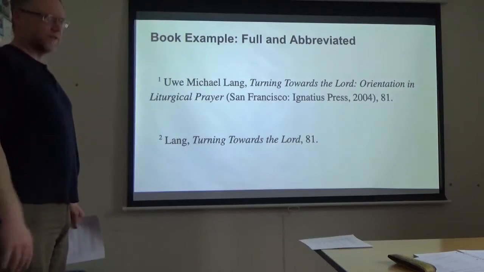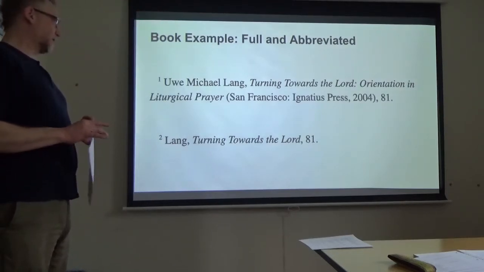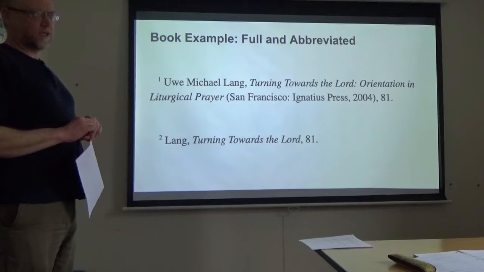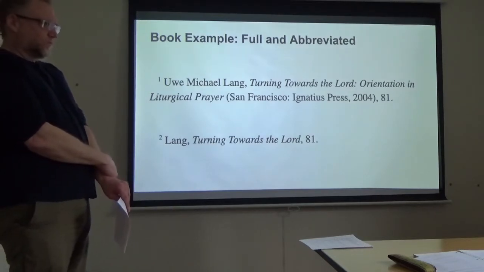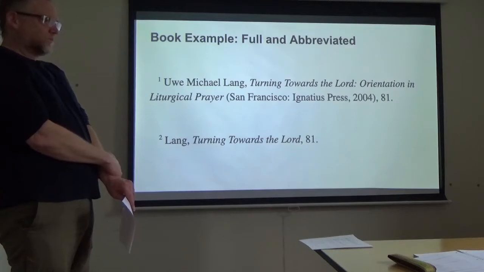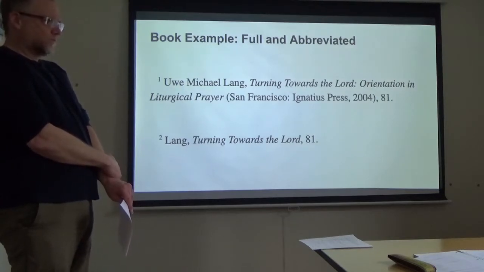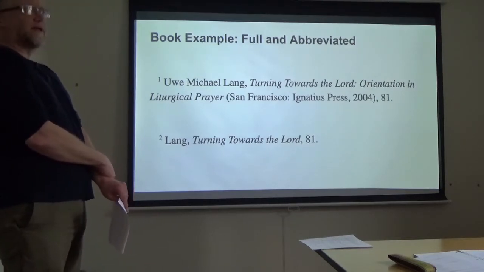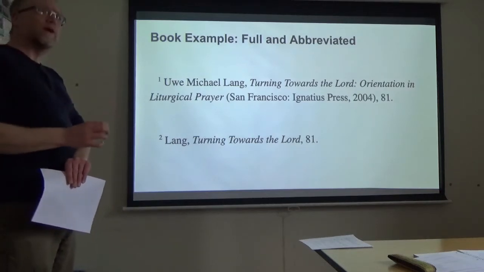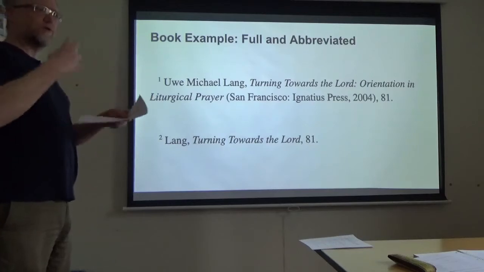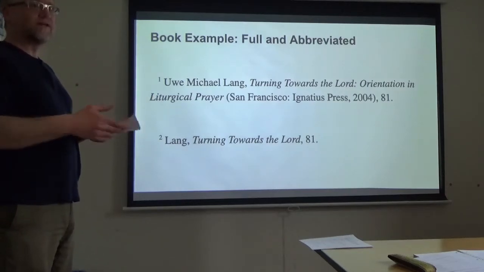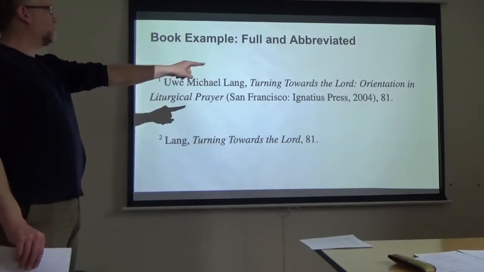Yes, I have a question. I see some book citations with page number 81, and before 81, often write P. No, I mean, there will be other citation styles that might do that, okay? But here, you just do this.